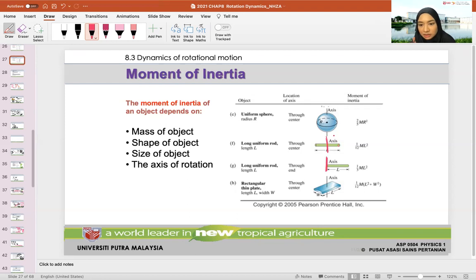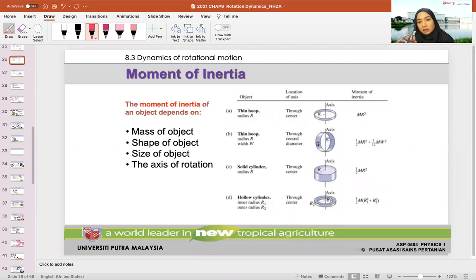Partikel kat sini radius dia maybe R1. Kat sini partikel dia punya radius is 2R1. So the radius berbeza. Even though they are the same object, but they have different radiuses depending on the axis of rotation. And because of that, I dorang lain. Their I's are different. Okay, another instance.